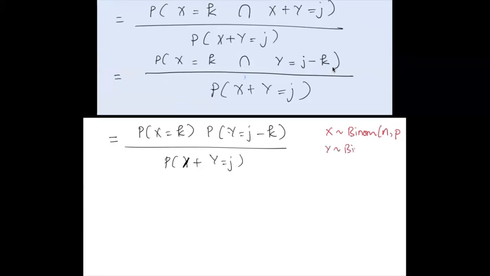Y follows a binomial distribution where you have n trials and then also p. X plus y, as we did in part A, is a binomial distribution, n plus n trials, and then also p is the probability of success. So now we can easily find these values.